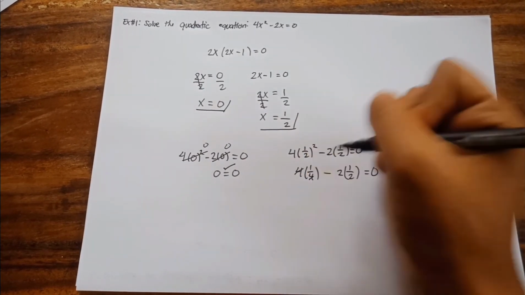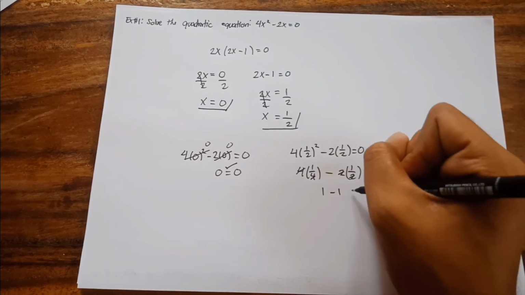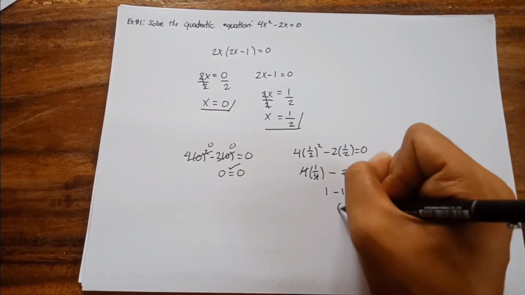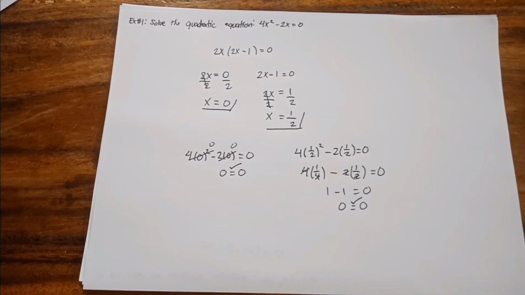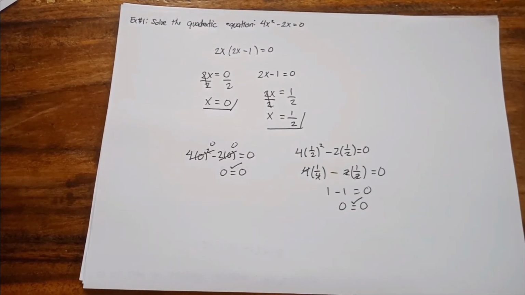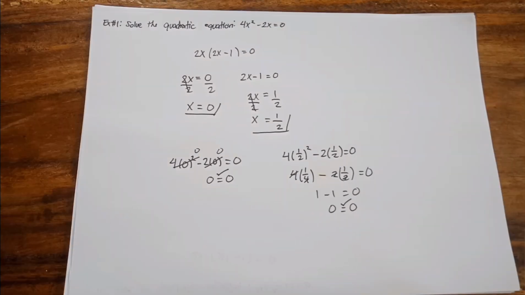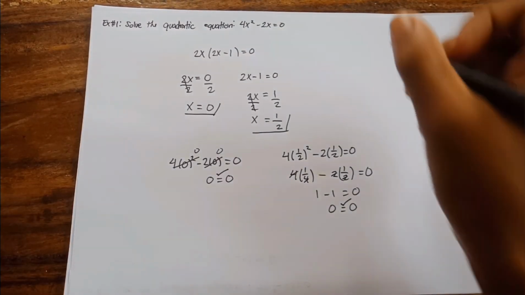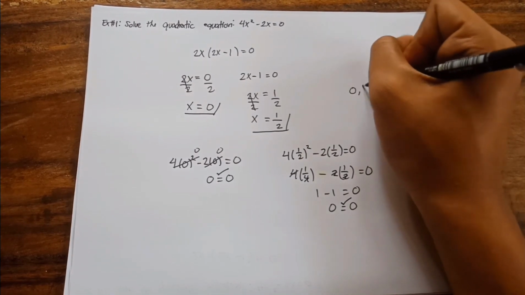Cancel na natin to, kasi ito ay 1 minus 1 equals 0. 0 equals 0. So, tama yung ating nakuha dahil parehas yung nakuha nating sagot. So, ang answer natin dito sa equation number 1 is 0 and 1/2.